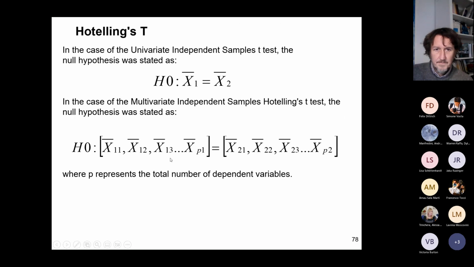Okay. The null hypothesis also is similar. It's complicated because the mean is not a mean of a single value of a single variable, but is a grand mean considering the multivariate mean.